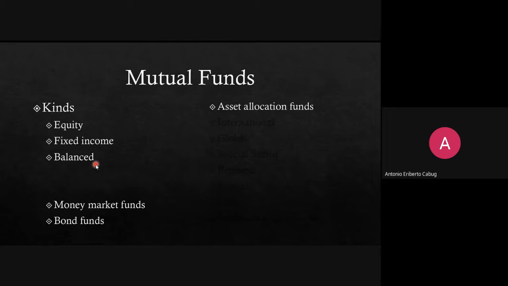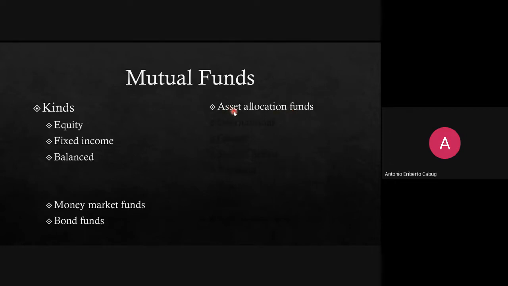But when you want to break down balance funds into two, we can call them fixed asset allocation and variable asset allocation. Example, if the balance fund is 40% equity, 60% debt, a fixed asset allocation fund, the combination should always be the same, 40% equity, 60% debt.